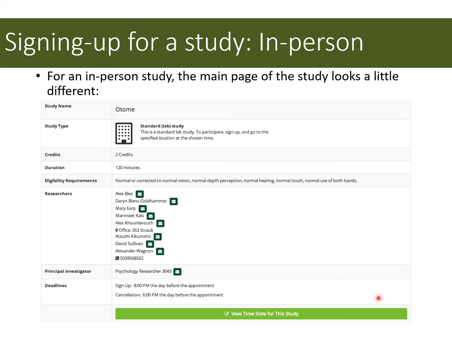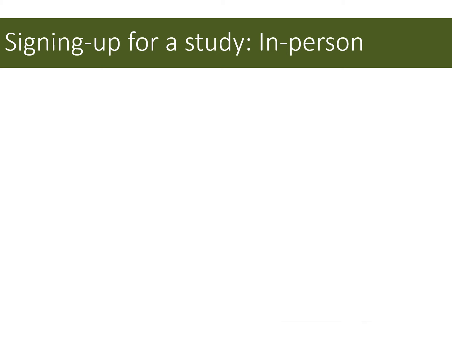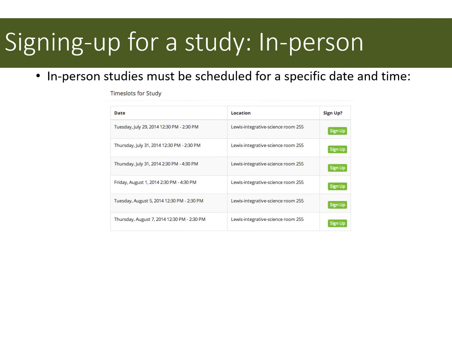If you do want to participate in an in-person study, you can click on the view time slots for this study green button at the bottom of the sign up screen, just like you did for an online study. And as I mentioned before, in-person studies sign up for a specific date and time.